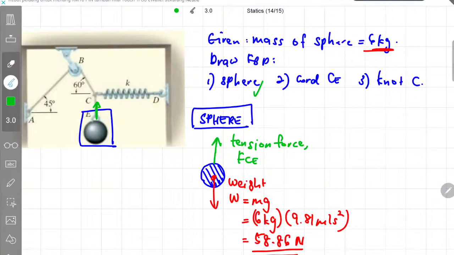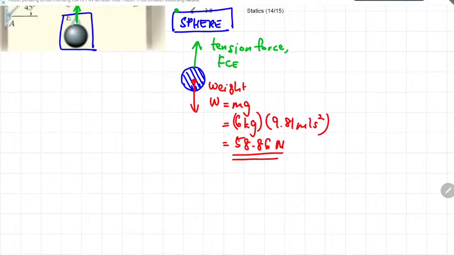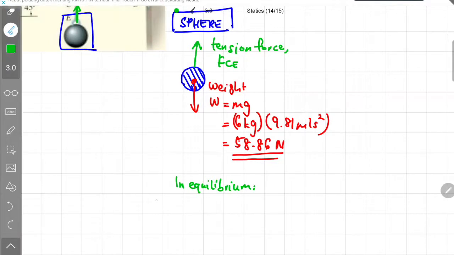The value of cable CE is unknown, but you can actually calculate it using the equilibrium equation. Remember, in equilibrium, the summation of all forces should be equivalent to 0. Now look at the direction of the weight and the tension force. They only act along the y-axis, right?